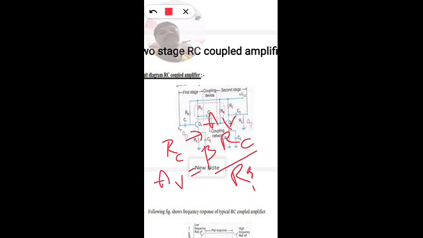So this gain is proportional to the collector resistor. Therefore RC provides the necessary voltage gain in the amplifier circuit.